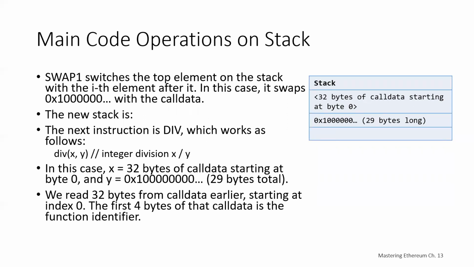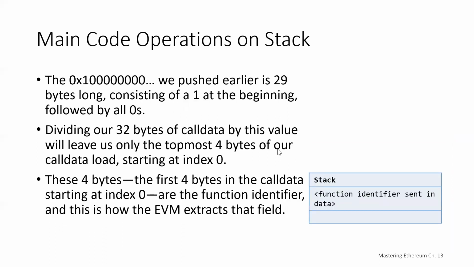Then the next instruction is div, which is basically integer division. So in this case, we have our 32 bytes of call data starting at byte 0, and then we have y equals 0x1 followed by a bunch of zeros up to 29 bytes. So the hexadecimal number that begins with 1 is pretty long, a 1 followed by all zeros.